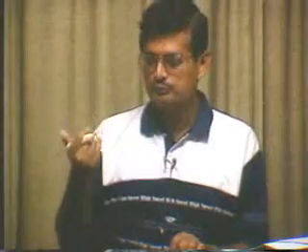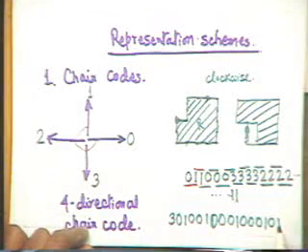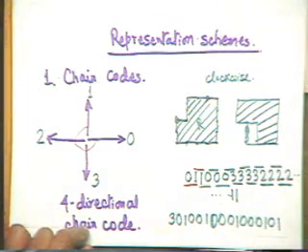So in order to make it invariant with respect to both rotation as well as the starting point, we should first take this first directional chain code, and thereafter we should choose the chain code which gives us the minimum integer. Because the minimum integer is required for making it invariant to the starting point, and the first directional change gives us invariance with respect to rotation. Is this clear to you?